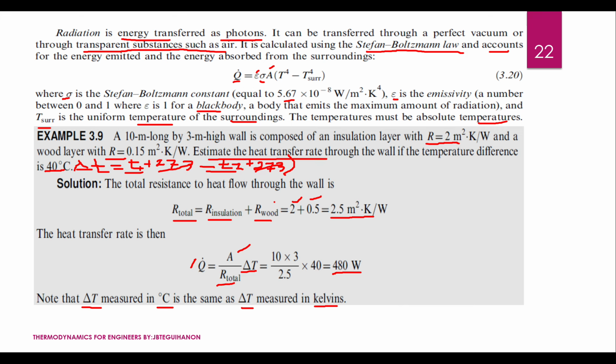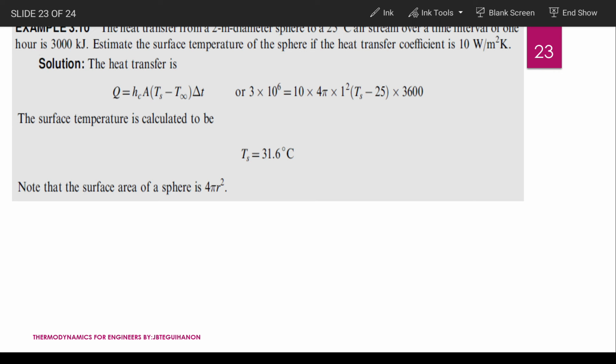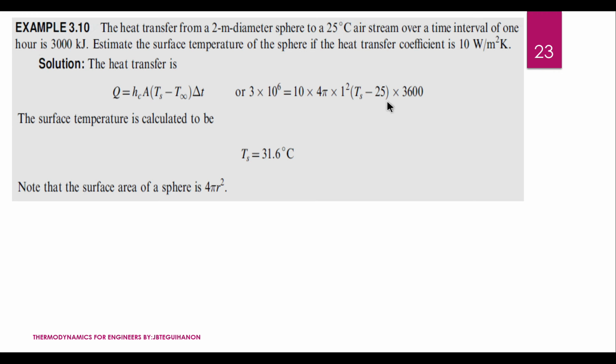Tuloy na natin to. Kung meron pa. Okay, meron pa nga. Example 3.10, the heat transfer of 2 meter diameter sphere at 25 degrees Celsius air stream over a time interval of 1 hour is 3,000 kilojoule. Estimate the surface temperature of the sphere if the heat transfer coefficient is 10 watt per square meter Kelvin.